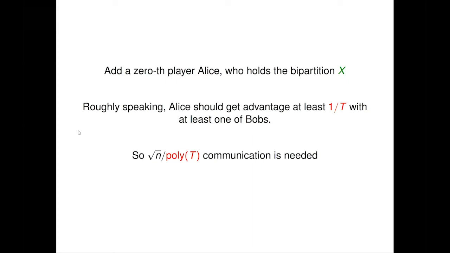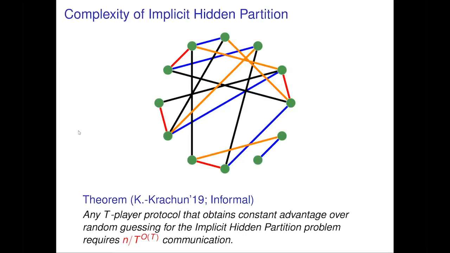One should note here that this is tight. This is tight for T polylogarithmic in the number of vertices of the graph, because indeed, if T is polylogarithmic, then we can use the techniques of Goldreich and Ron to distinguish between these two cases. Good.